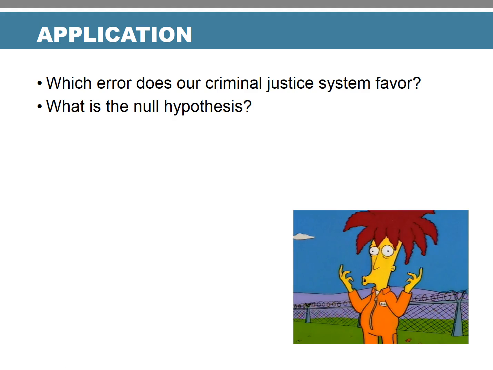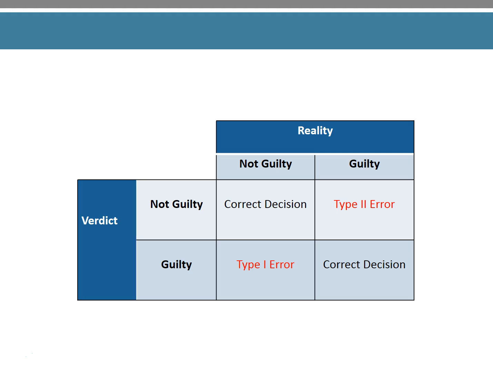Now, we could have debates about the fairness of that criminal justice system in the United States. But if we just look at our null hypothesis, it's that it's better for a guilty man to go free than an innocent man to be convicted. So we prefer not to have innocent people be convicted, even if that means that some guilty people may not be convicted.